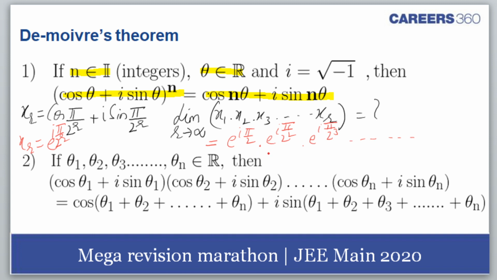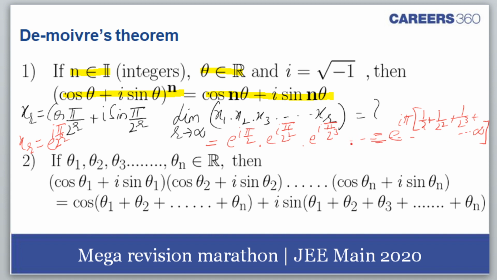So it's a infinite GP. So how would I write? I'll write E iota pi would be common and I'll have 1 by 2 plus 1 by 2 square. The powers would add up, 1 by 2 cube and so on infinitely. Hana? Am I right?